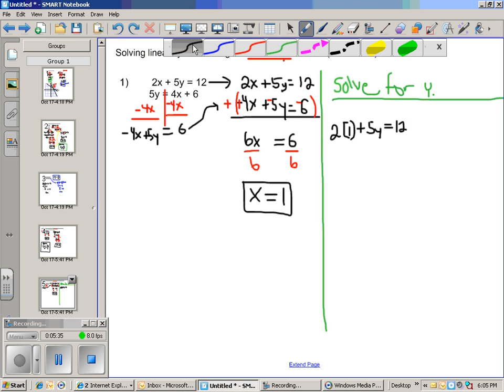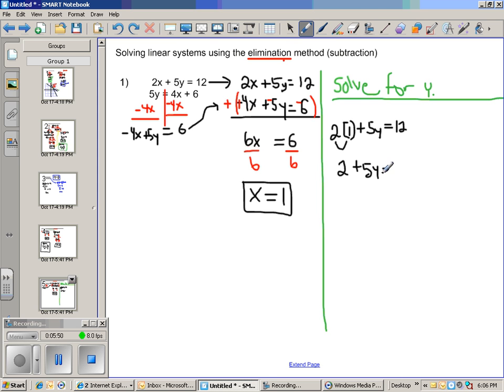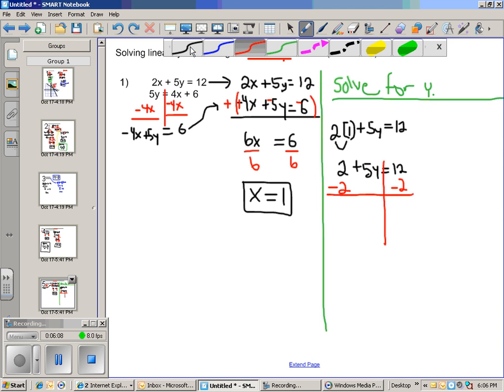And just like all the other methods that we've had before, now we need to solve for y. So this is our algebra process. Multiplication comes first. We have 2 times 1 is 2, plus 5y is equal to 12. And what we're looking at here is a 2-step algebra problem. We're going to subtract 2 from both sides. So the 2's will cancel out.